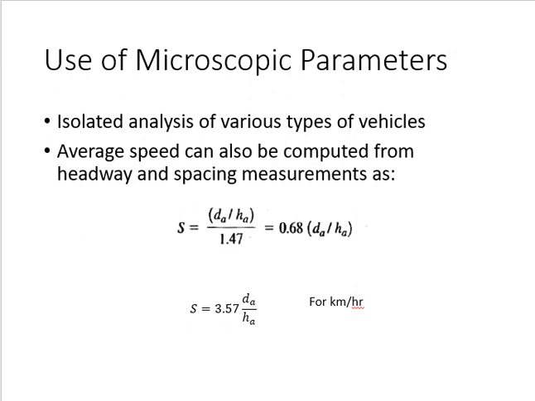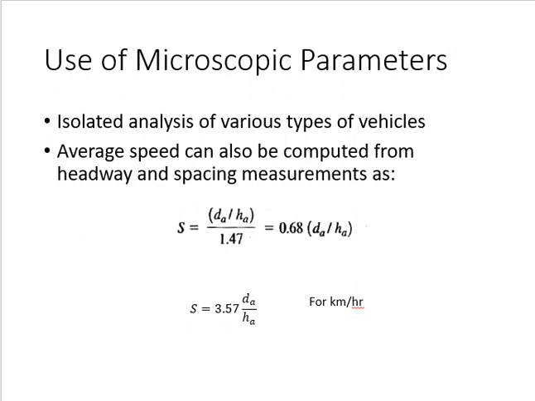Okay. Now, we divided the streets and highways, the traffic facilities, into two types. What are the types? Macro and micro. And macro and micro were what? Traffic parameters.